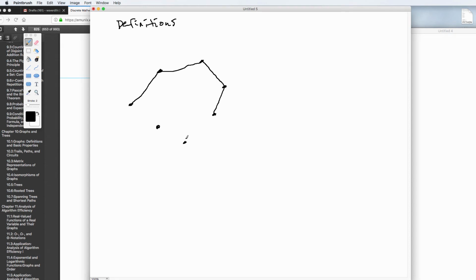Let's do this. So let's call this A, B, C, D, E, F, and G. Okay, now that's a graph. We've got our vertices, we've got our edges.